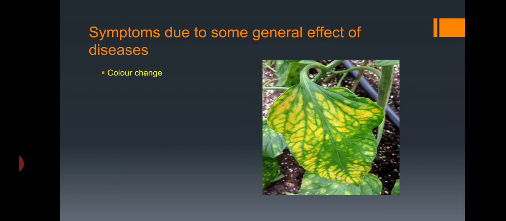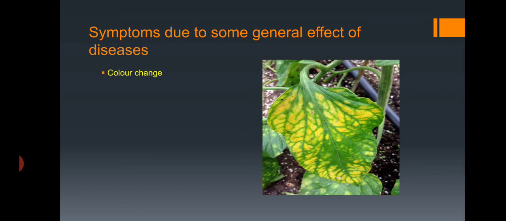Here it is chlorosis. See these yellow patches or mosaic patterns on the leaf. Then we can expect the plant has some disease, and this may also be due to some deficiency. Some trace elements are lacking in the soil, then also we can see these color variations.